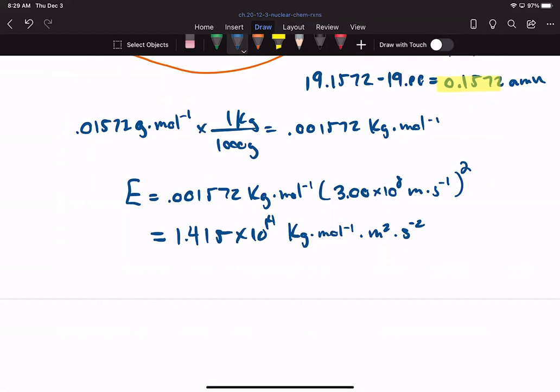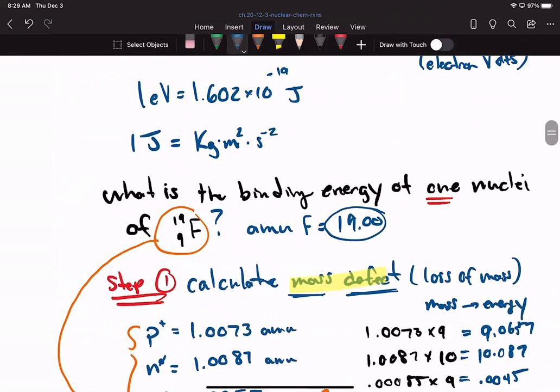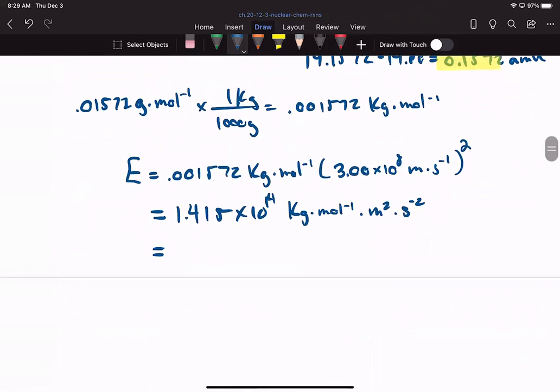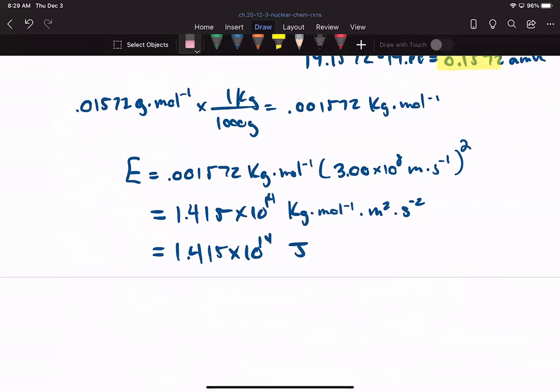All right. And again, don't forget here, 1 joule is equal to a kilogram meter squared per second squared, so we can easily convert this to 1.415 times 10 to the 14 joules, because of the kilogram meter squared per second squared. So we're just going to say that this is joules per mole.